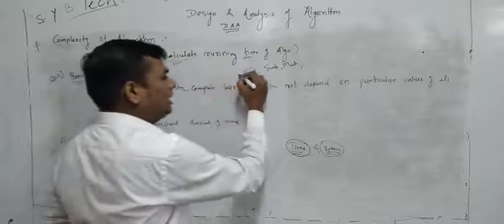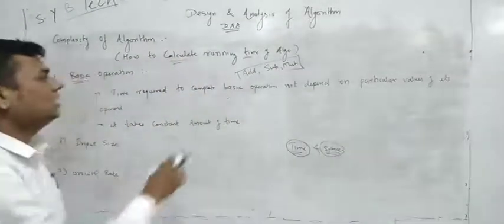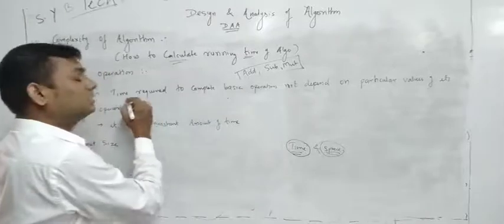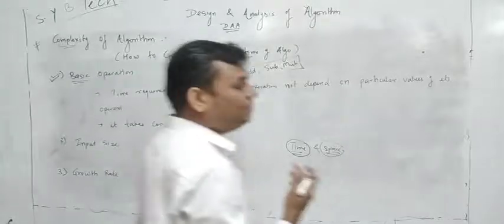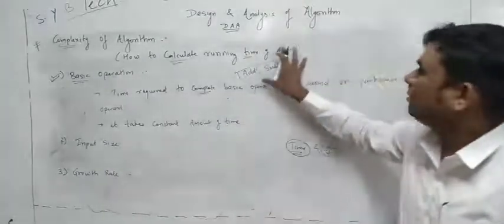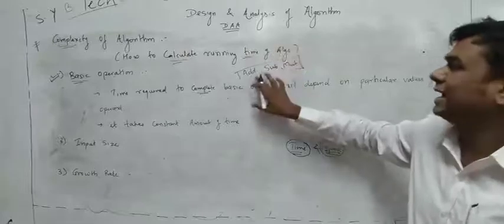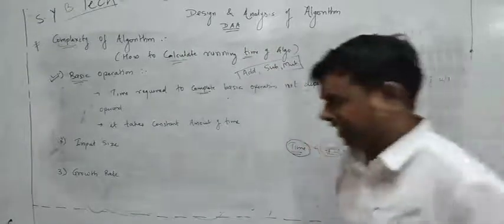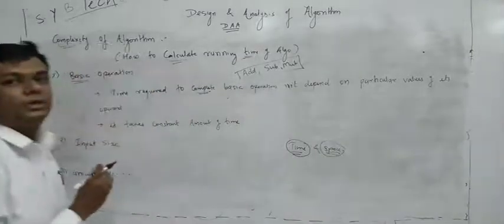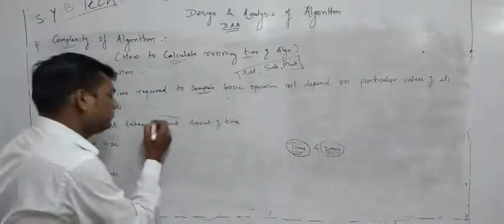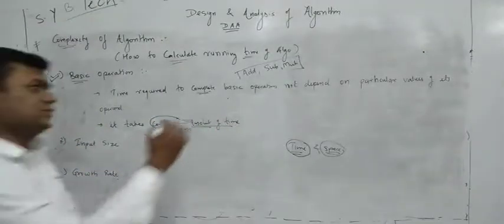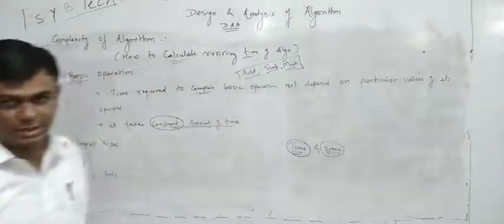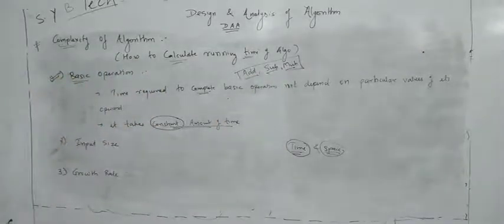It is very easy, because that time does not depend on the specific values of the operands used for addition, subtraction, multiplication or logical and. We simply count a constant amount of time for each operation. That is the basic operation, the first parameter we take to calculate the complexity of the algorithm.